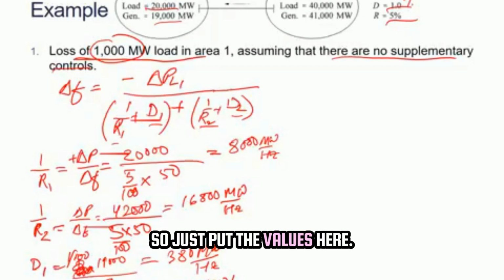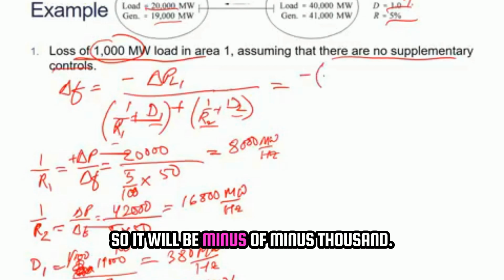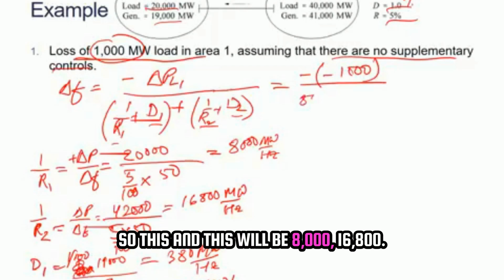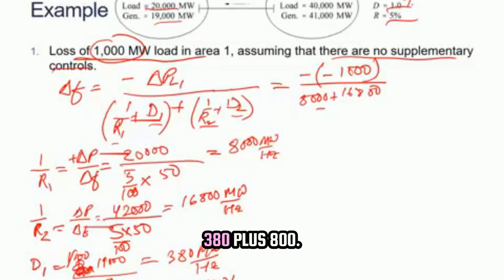So just put the values here. It will be minus of minus 1000, divided by 8000 plus 16,800 plus 380 plus 800.